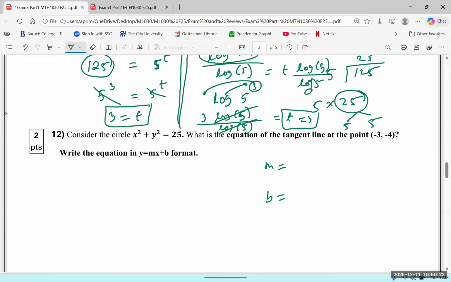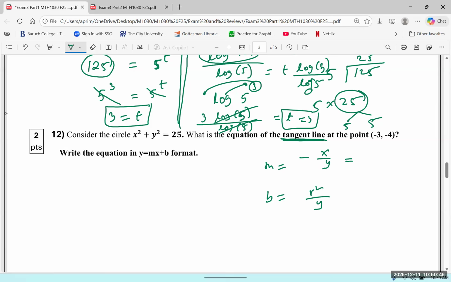This is for tangent line of a circle only, okay? This is not true for any other things. For tangent line only, your m would be negative x over y, and your y-intercept b will be radius squared over y. If you can remember this, you don't need any math, okay?